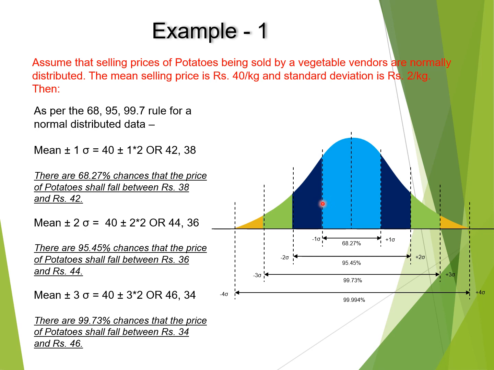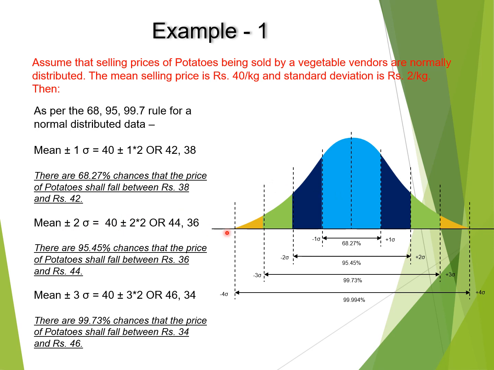So this value is 38, mean minus 2, and this is 42, mean plus 2. So there are 68.2% chances that the prices of potatoes shall fall between 38 and 42.